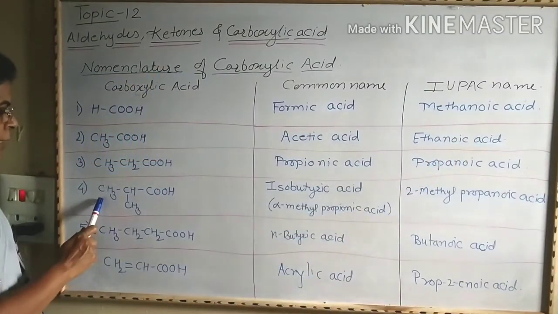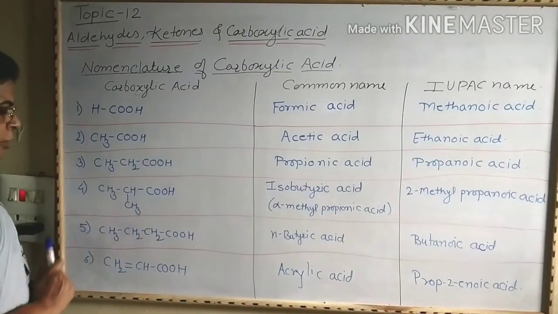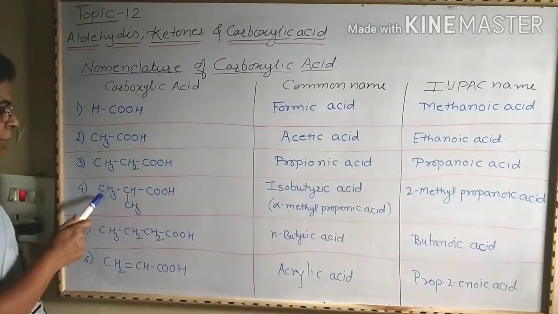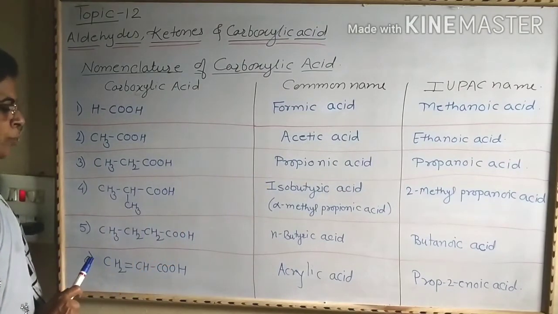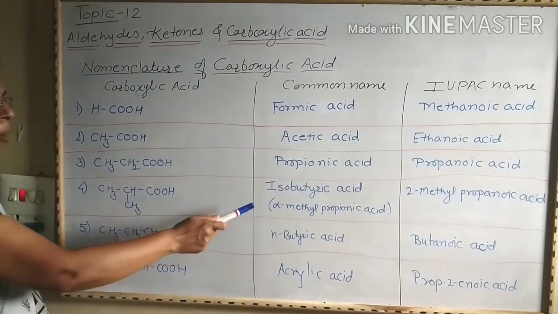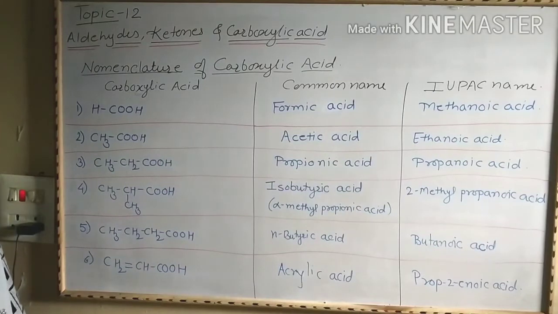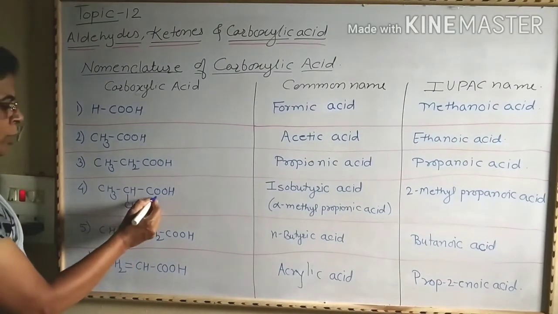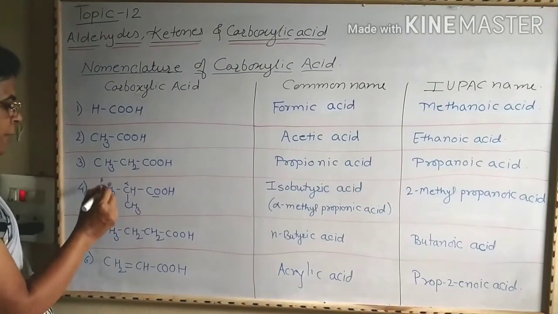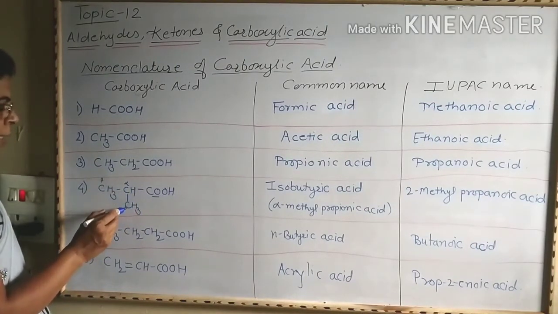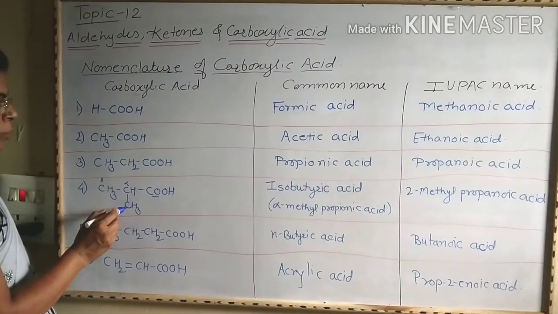Fourth one, CH3, CH, CH3, COOH. Now this is isobutyryl group, therefore it is isobutyric acid. Common name is isobutyric acid. Second common name is, now here this is carbonyl group. This carbonyl group is bonded to alpha carbon atom and this is beta carbon atom. At alpha carbon atom there is CH3 group substituted.